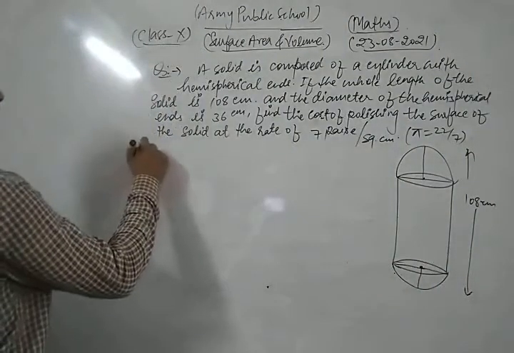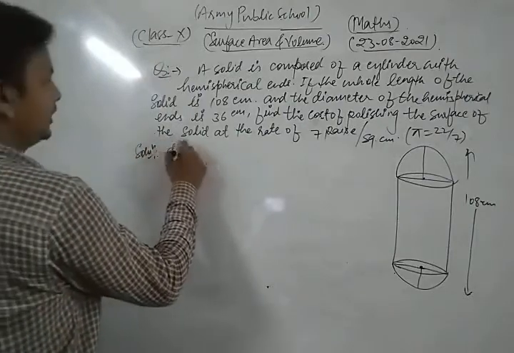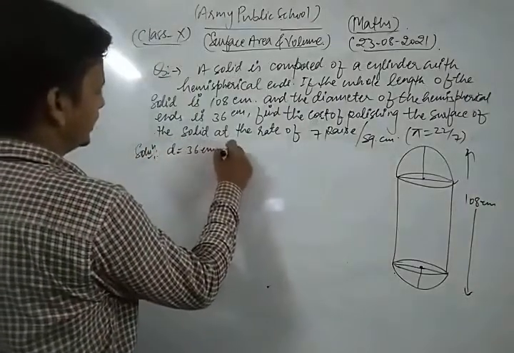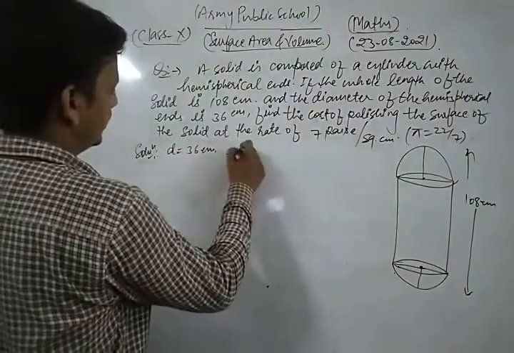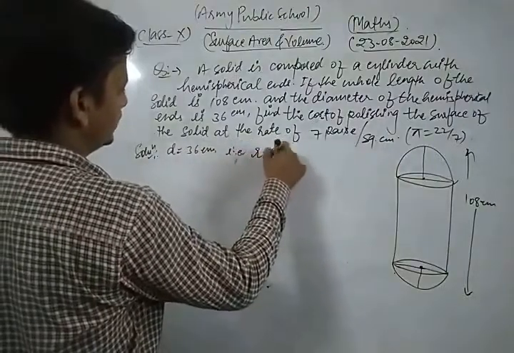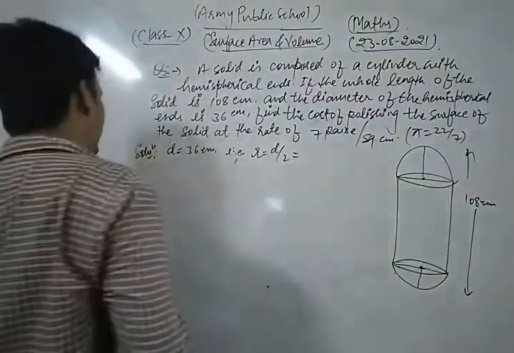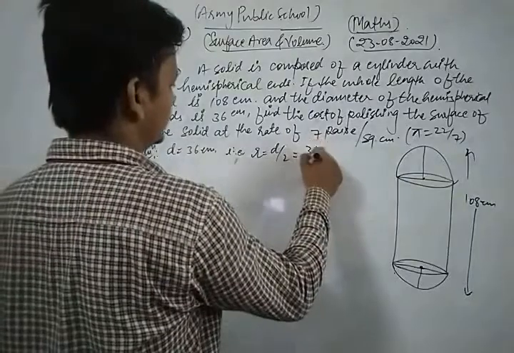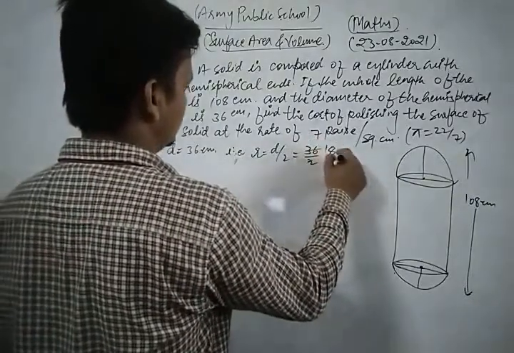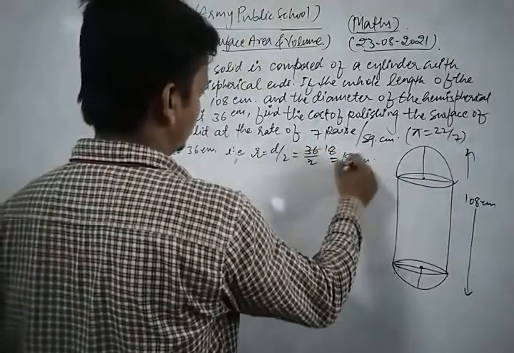Now let's see its solution. The diameter is given as 36 centimeter. The radius is d by 2, half of the diameter, which is 18 centimeter.